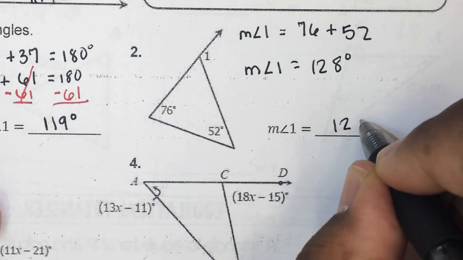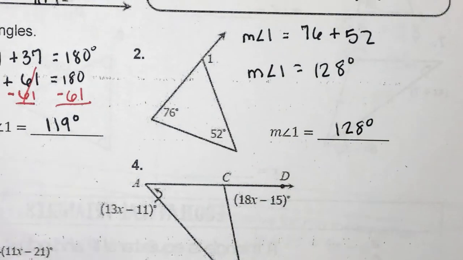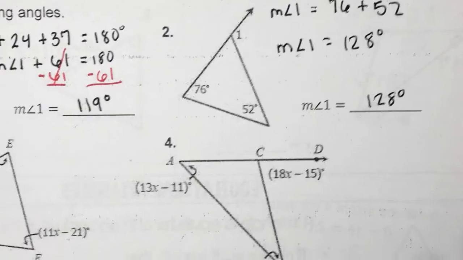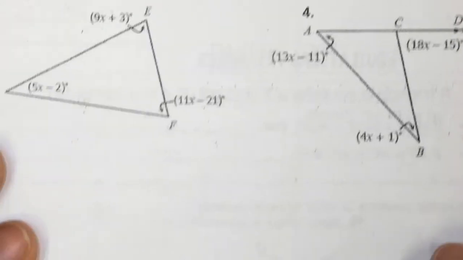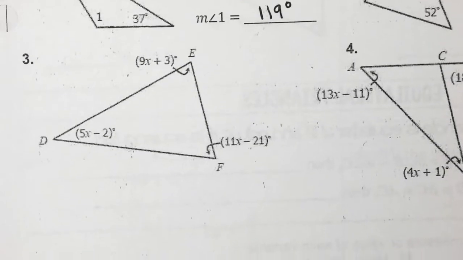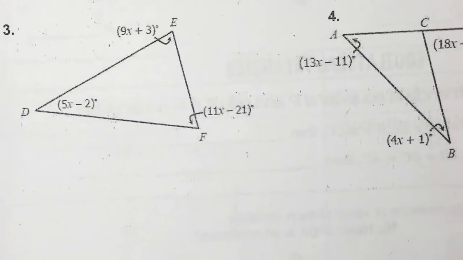So 128 degrees. Of course, that's easy. We always start you out with numbers. Numbers are always easy to do. The goal is to get where we're down here at the bottom, where you have to write equations for yourself and then solve. But the equations are no different. It's just now that you got expressions instead of numbers. The concept is still the same.